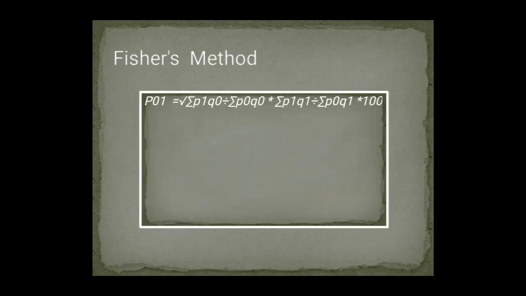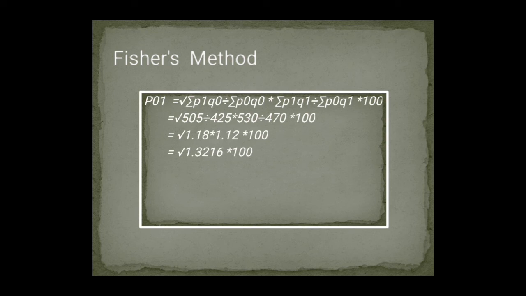Next, Fisher's method. Price index is equal to root of sigma P1 Q0 divided by sigma P0 Q0 into sigma P1 Q1 divided by sigma P0 Q1 into 100. So this is quite similar to Lapierre's and Pasteur's method. We have to put a root and multiply it with 100. So 505 divided by 425 into 530 divided by 470. This thing should be in the root. We have to not remove the root until we calculate at last.